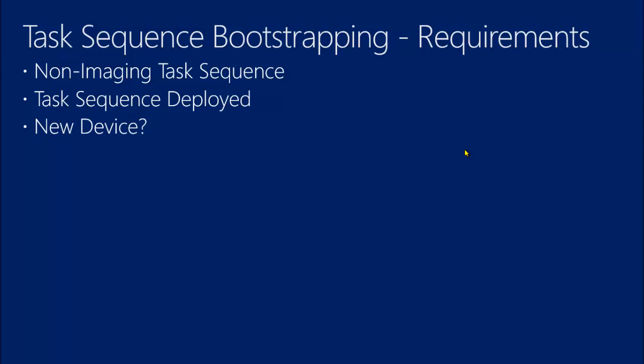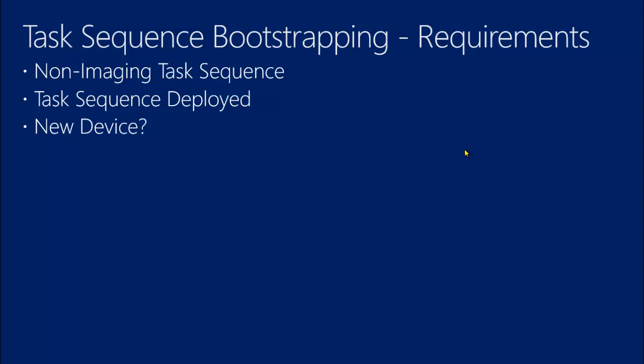Okay. And then I mentioned as a requirement, new device, and I put a question mark there, right? So whenever you're installing a new client, that's when the task sequence bootstrapping can happen, because that task sequence bootstrapping is defined on the command line. So whenever I was testing this and first playing with it, I at least questioned, does this need to be a client that has never been in the Configuration Manager console before?